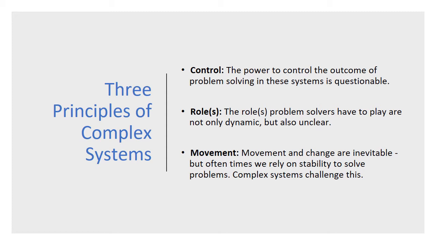They are dynamic, they change over time, that's one thing, but they are also unclear. And it could be very important to know this before jumping into the water and trying to solve problems, because your roles will keep changing and you have to sort of mentally prepare yourself for that.